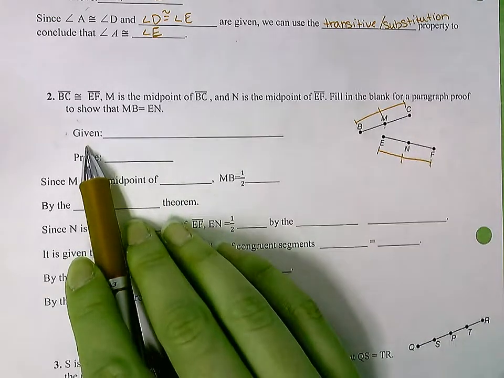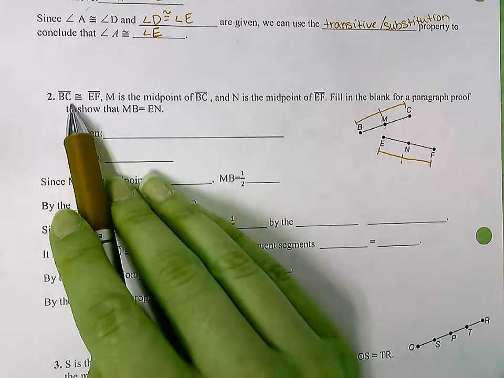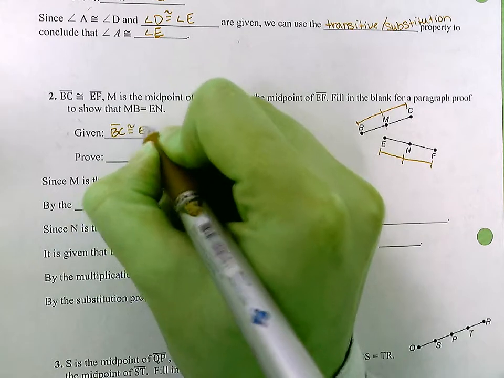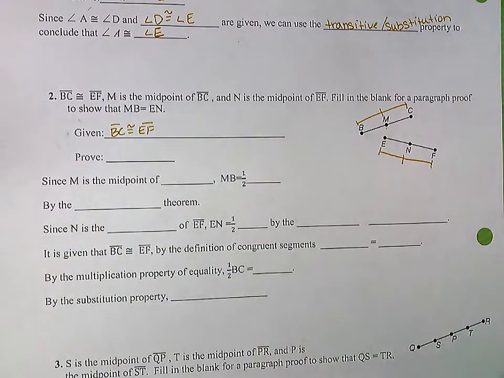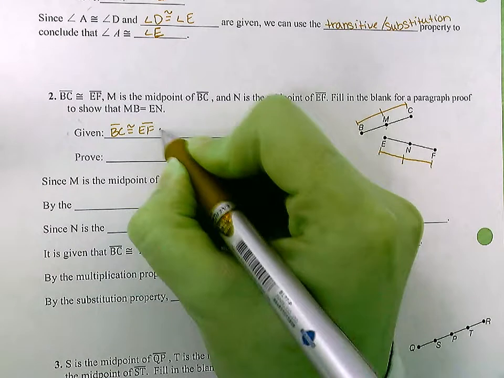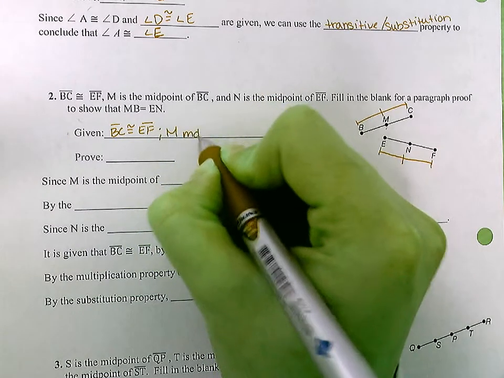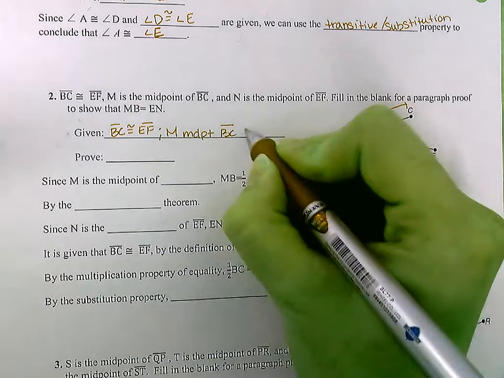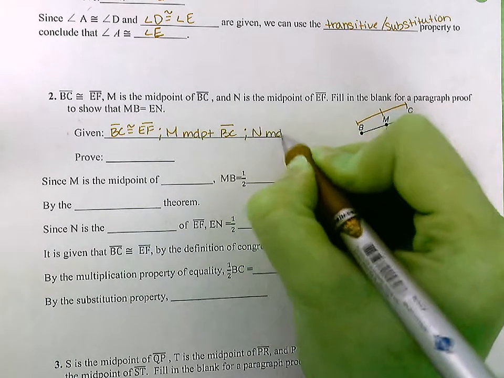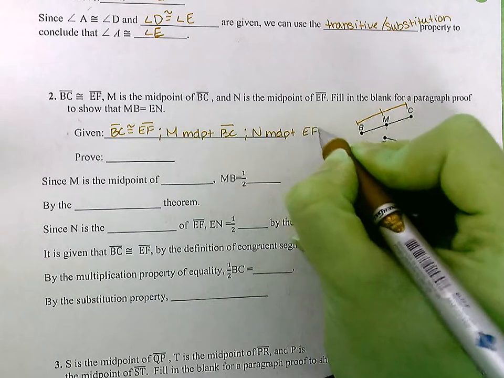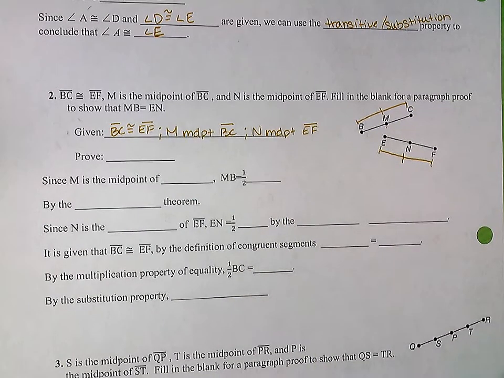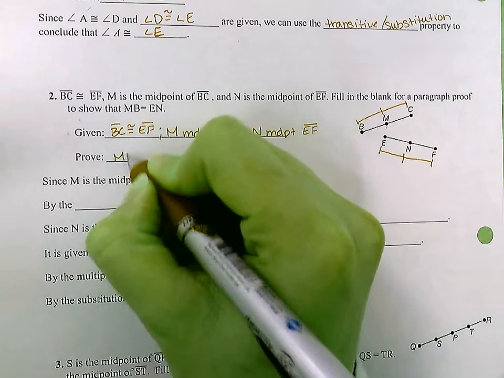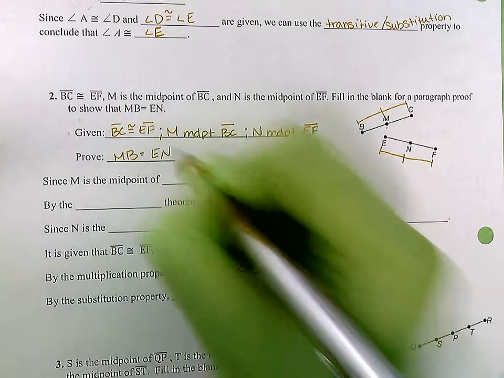So again, we want to start off with our given. One piece of our given is that BC is congruent to EF. We also have M is the midpoint of BC, and N is the midpoint of EF. Now we want to prove that MB equals EN.